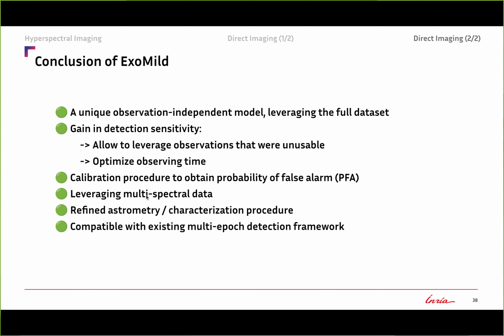What we added in this model is the multispectral correlation, in a similar way as PACO. I can detail that a bit further, but it's not the main point. And also we can obtain a refined astrometry and characterization, which was not the case with MODEL&CO, and we can also include it into a multi-epoch detection framework.